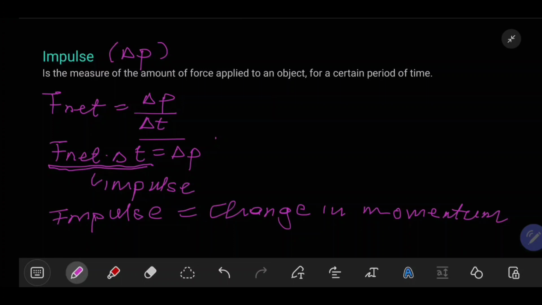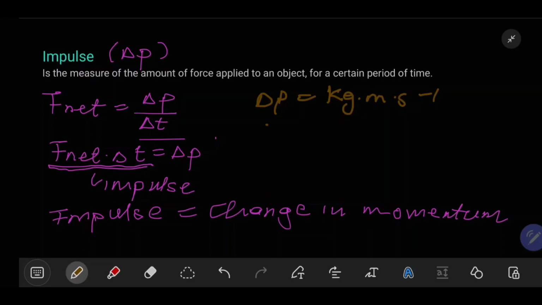This means that when a force is applied on an object for a certain amount of time, it causes a change in the object's momentum. Remember what's important here is that we have change in p, which is change in momentum, and we know that this is measured in kg meter per second.